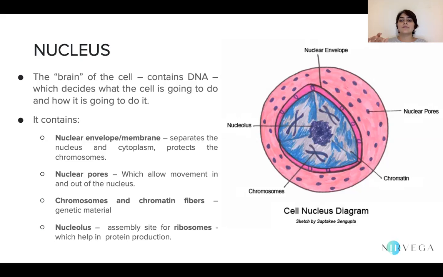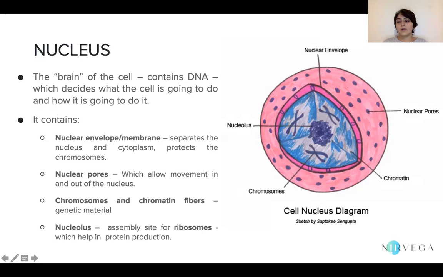There are pores in the nuclear envelope, which are small holes which allow for the movement of materials in and out of the nucleus as and when required. The ribosomes formed in the nucleus then move out into the cytoplasm through these nuclear pores.